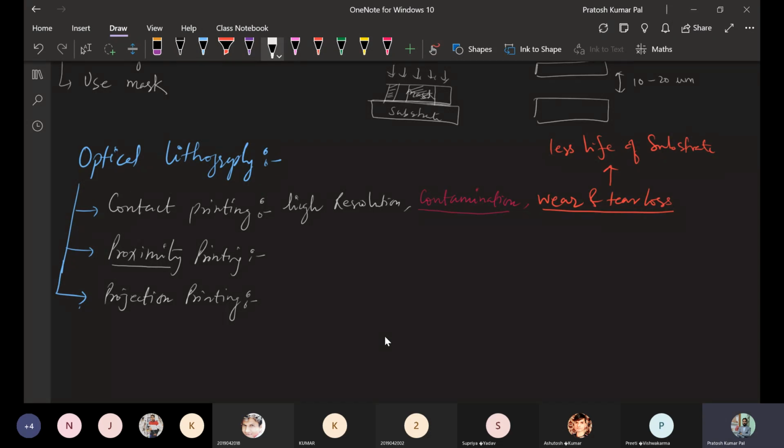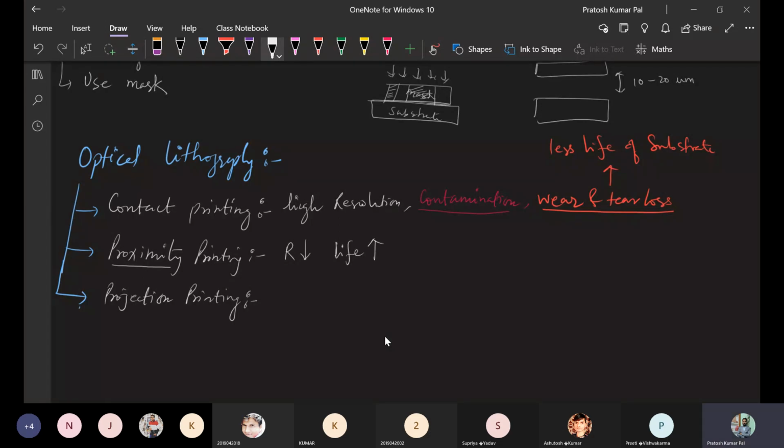But as there is a gap, the resolution reduces, but the life of the substrate increases.